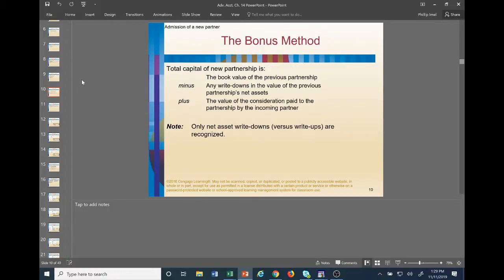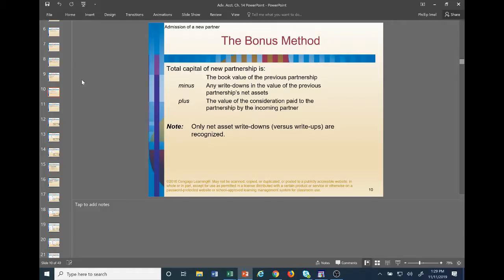So the bonus method. The bonus method generally follows a book value approach. That is, existing book values should not be adjusted to current values unless such adjustments would have otherwise been allowed by generally accepted accounting principles, otherwise known as GAAP.